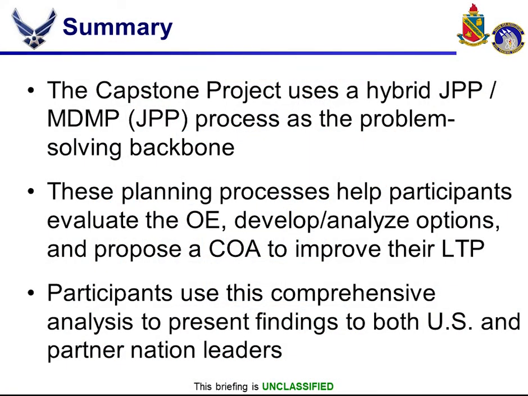To summarize, that capstone project, it uses this hybrid JPP process to help you solve the issue or problem that you're bringing to the table. And it is that backbone that provides the structure of analysis. These steps will help you evaluate your operational environment, understand your mission, develop and analyze options or courses of action, and make a recommendation based on your analysis to improve your program.